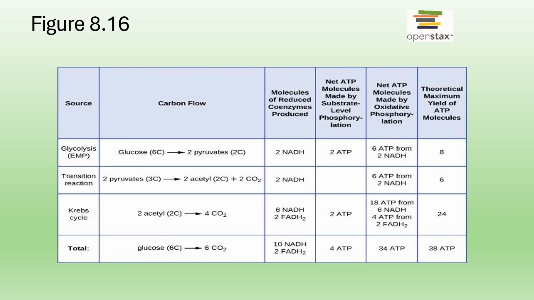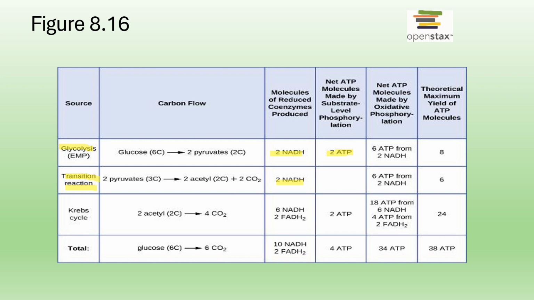So if you look at all of it, in glycolysis, you generated 2 NADHs and had a net gain of 2 ATPs. Over here, in the transition step converting the pyruvates to acetyl-CoA, you generated 2 NADHs.